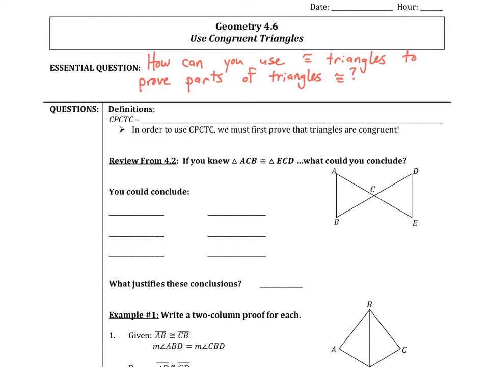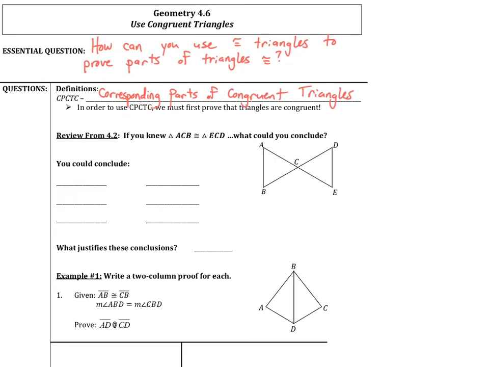And what this says is: corresponding parts of congruent triangles are congruent.